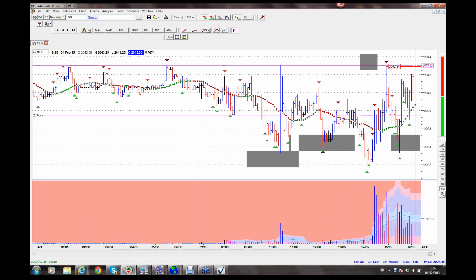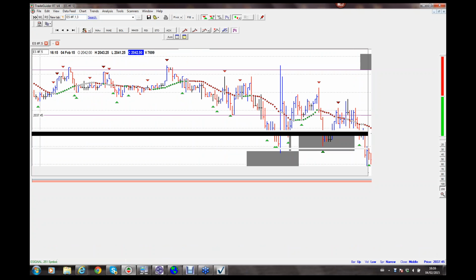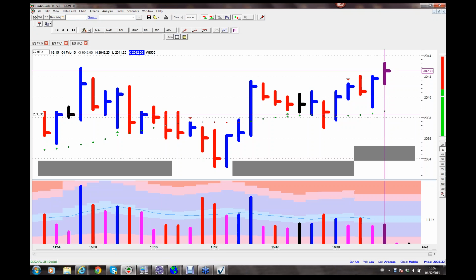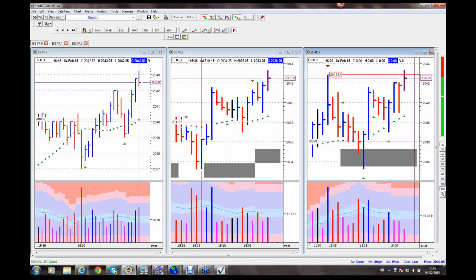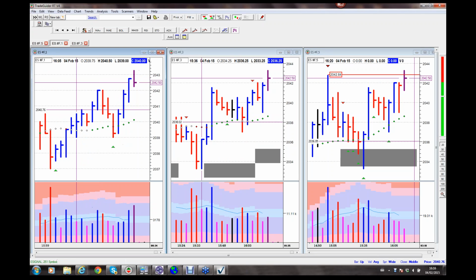Right, because this trade here is more of a scalp trade, I'm going to use and show you how I use some of the smaller time frames to monitor it. Yeah, it's going to struggle to get through here.